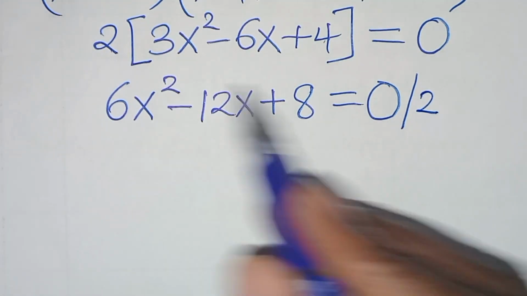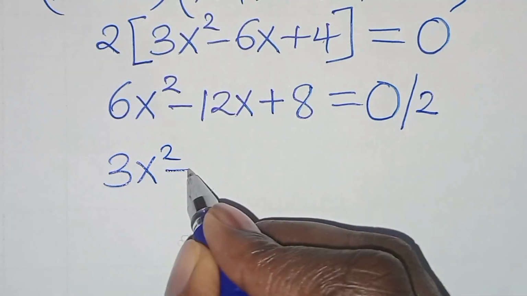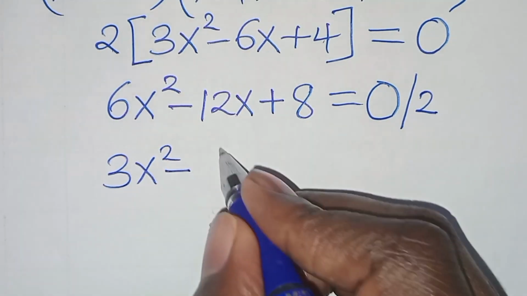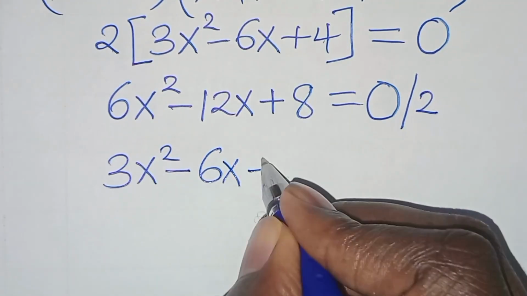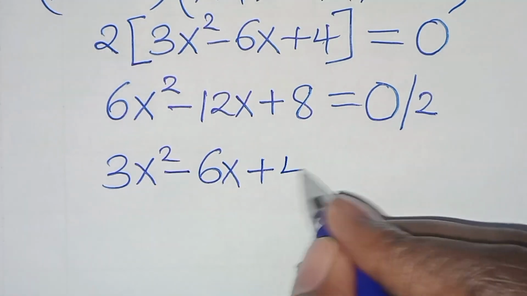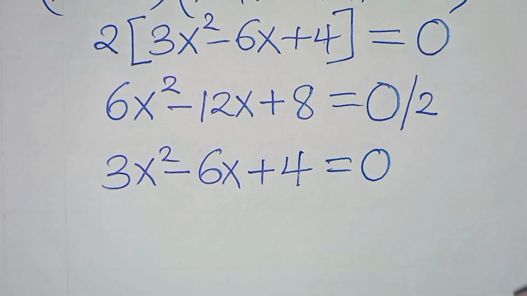So 6x squared divided by 2 is the same thing as 3x squared, minus 12x divided by 2 is the same thing as 6x, then plus 8 divided by 2 is the same thing as 4. Then this is equal to 0.